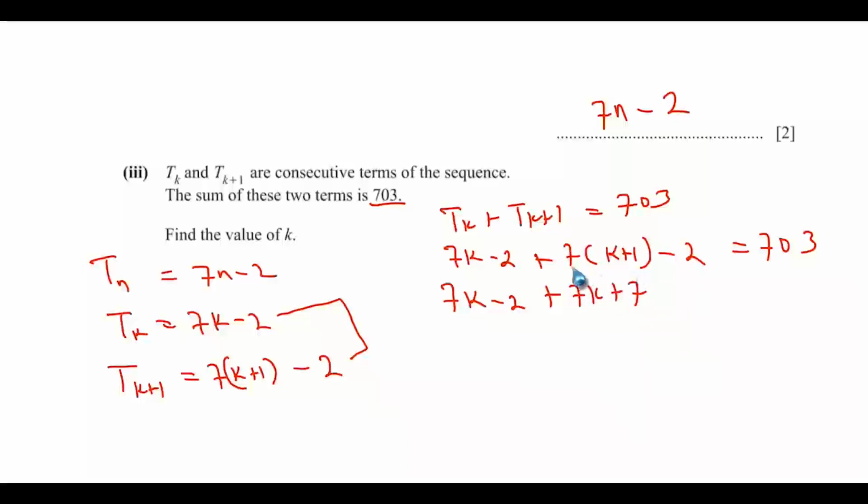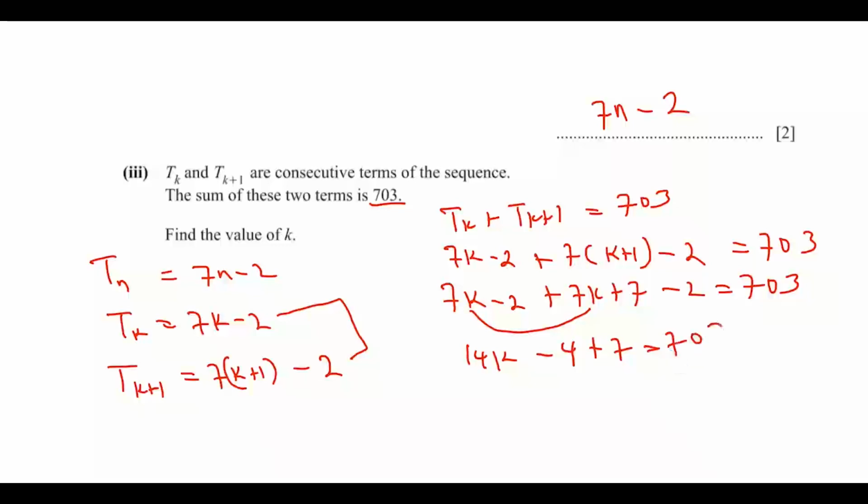Expanding this bracket by 7, then minus 2 equals to 703. So we have 7k add 7k, that will be 14k, negative 2, then positive 7, equals to 703.